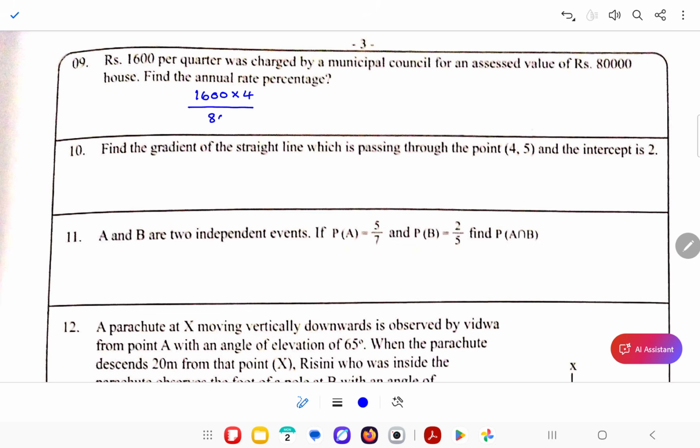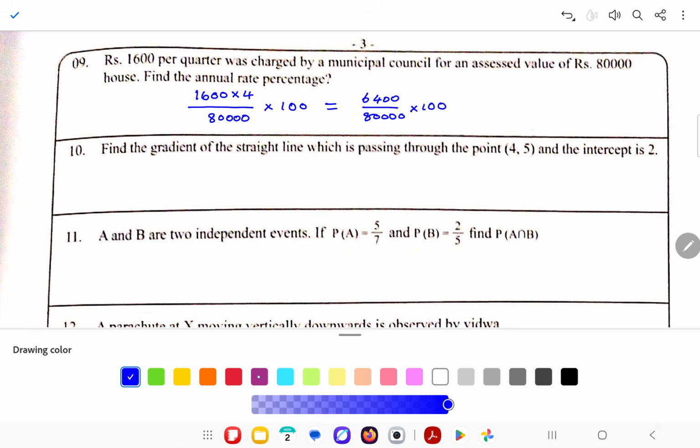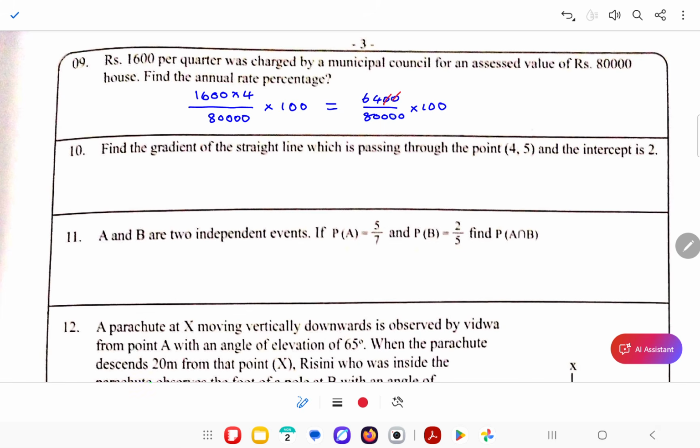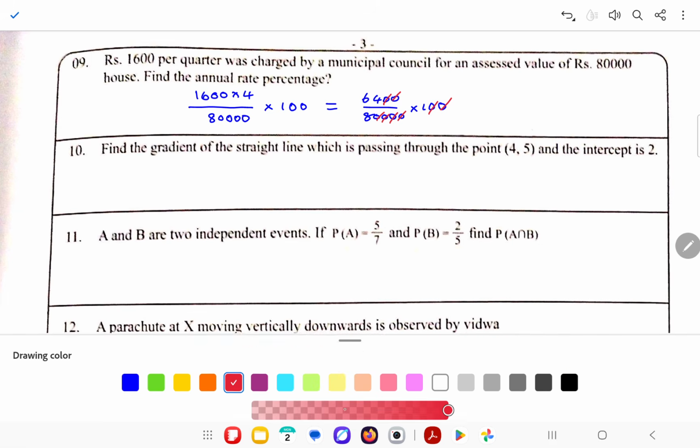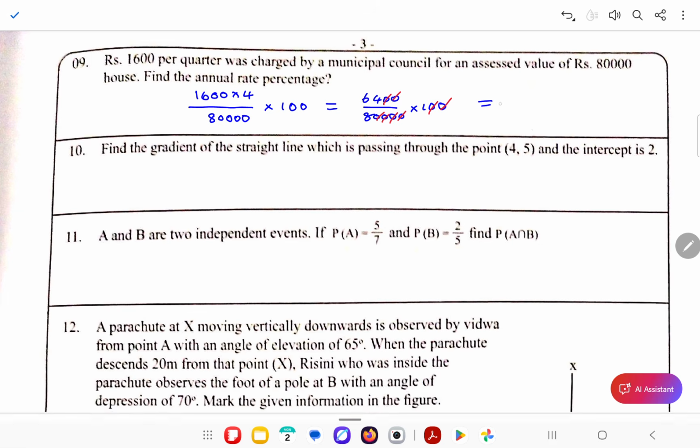Then assessed value is 80,000, so times 100 gives you the required percentage. So 6,400 over 80,000 times 100. Cancel the zeros. So 64 over 8. So 8%.